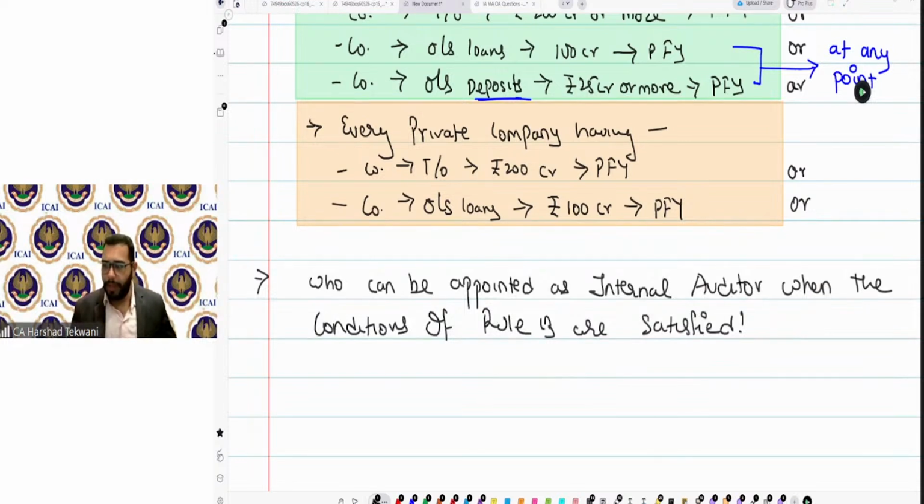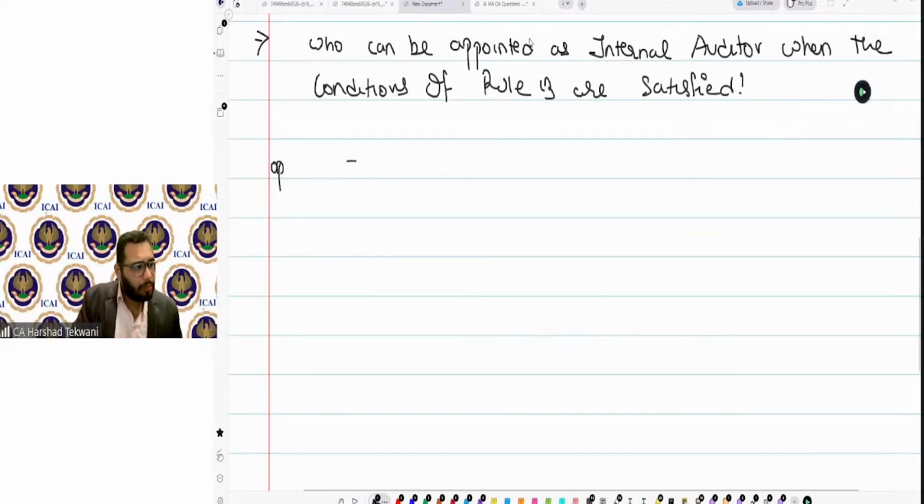Okay. Yes, Sumit. Okay, Mancha. What else? Okay, I give you options. You tell me whether I can appoint these people as an internal auditor or not. So these are the options.